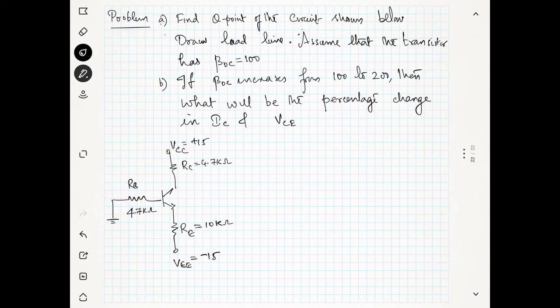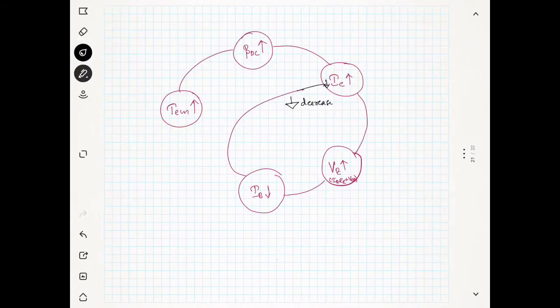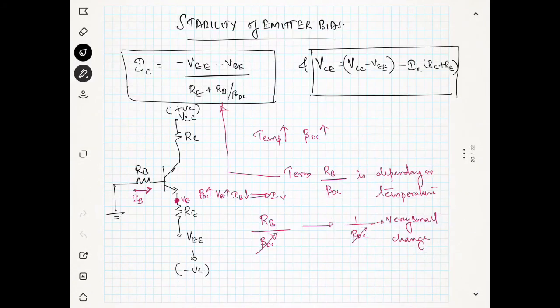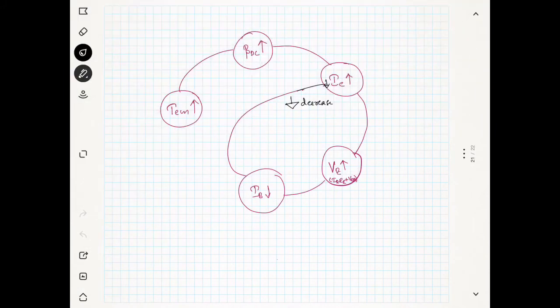Now we can use the formulas that we have already derived. What is IC? IC is (-VEE - VBE) divided by, yes, we can use that formula.